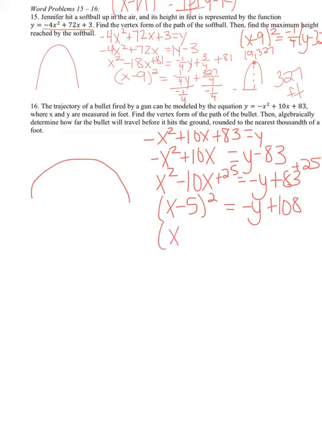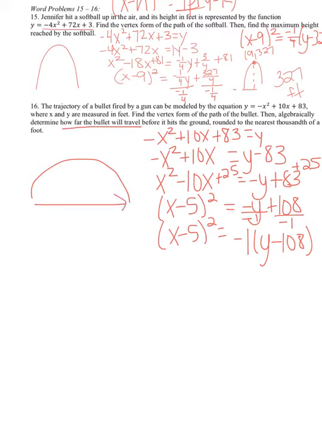Last step, I'm going to factor out the p-value, or the 4p value, which is going to be negative 1. So negative 1 times y minus 108. Okay? Second question, algebraically determine how far the bullet will travel before it hits the ground. So how far it'll travel, that's this way, how far it goes.